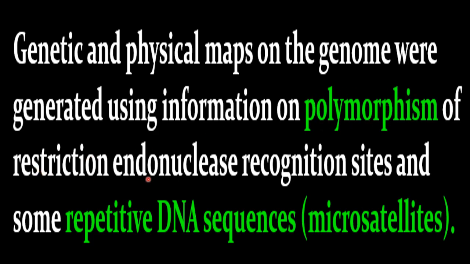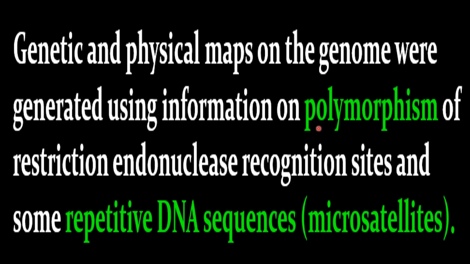And here, what is restriction endonuclease? This is an enzyme which is used to make fragments of DNA, you can say to cut the DNA. This enzyme cuts the DNA at specific sites. Those sites are called recognition sites.